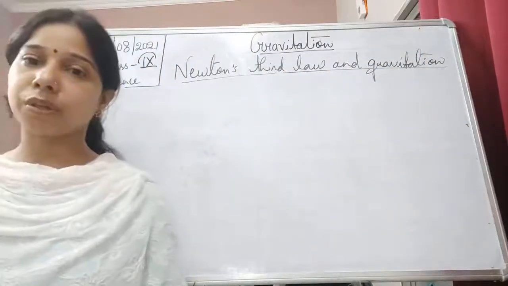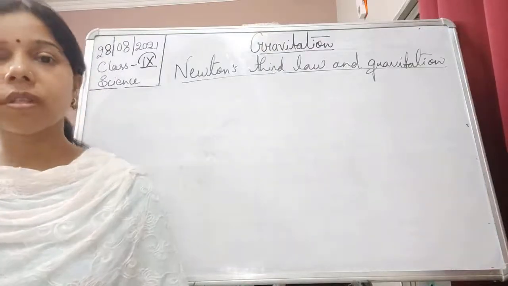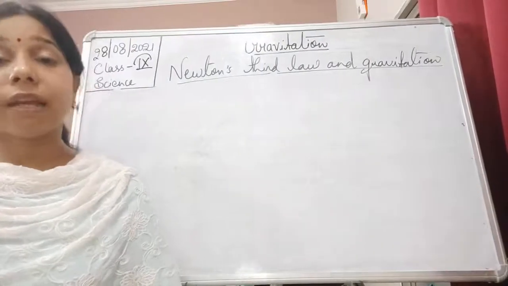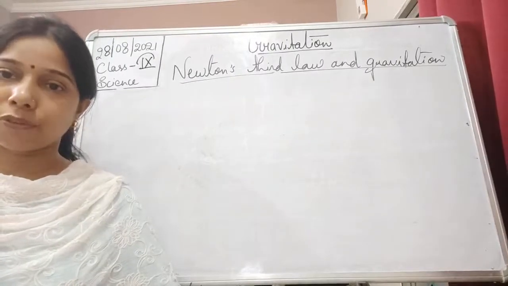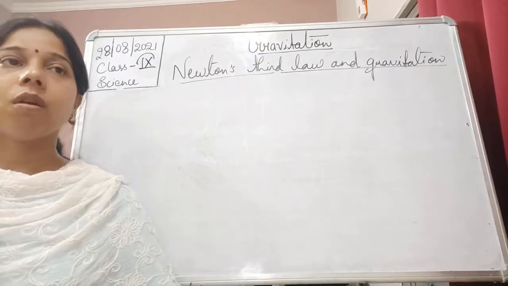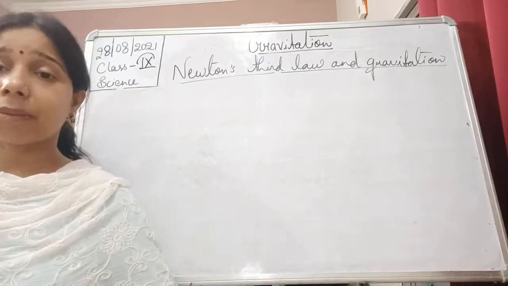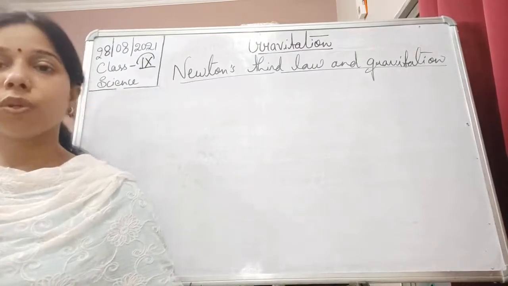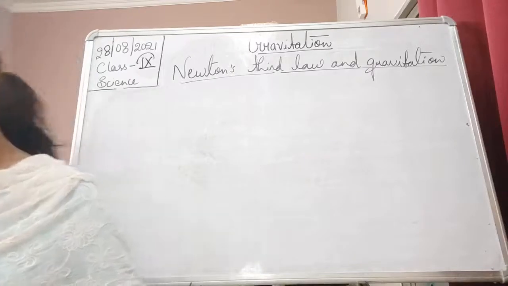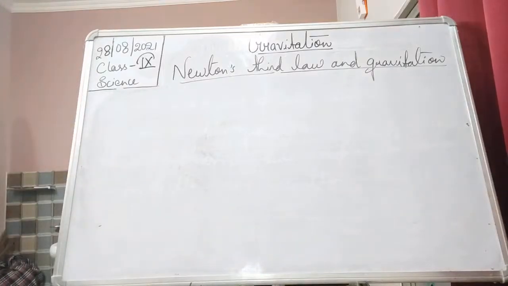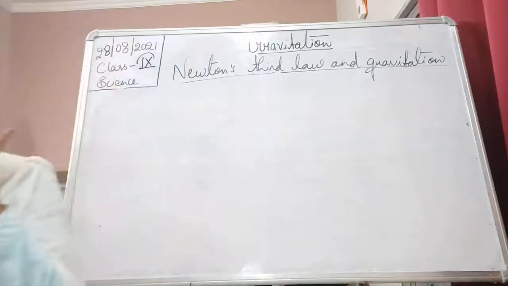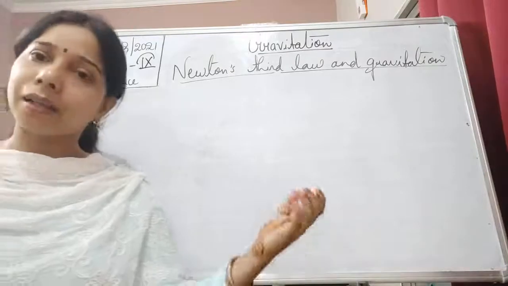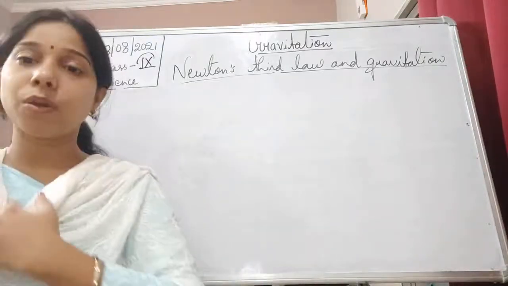What is Newton's third law of motion? According to Newton's third law of motion, every object exerts an equal and opposite force. So if one force is applied by an object, the other object will also apply an equal and opposite force. Similarly, in the case of gravitation, when the force of gravitation is exerted by one object, the other object will also exert an equal amount of force.